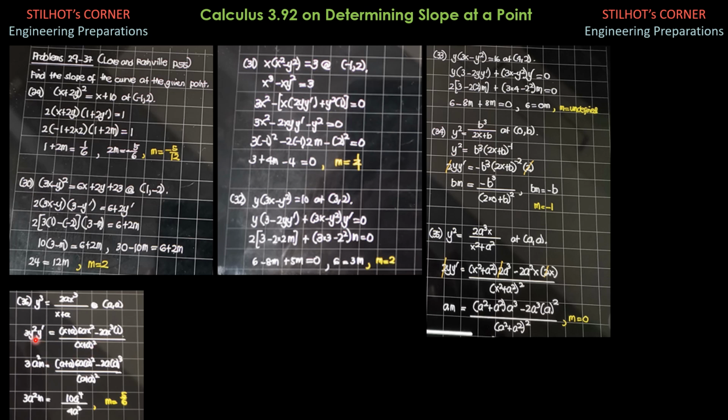So substituting the value of x and y, a. So 3a square m equals quantity a plus a times 6a, then a square minus 2a cubed, divided by quantity a plus a square.